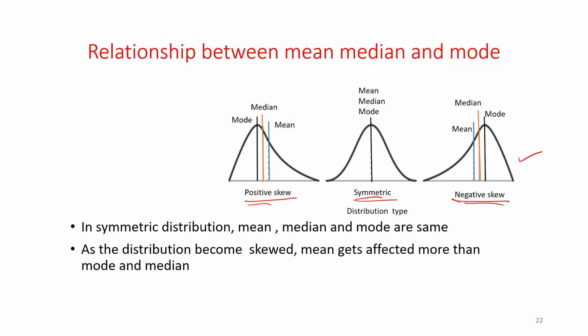Whatever the mean value is, the same will be the median value, and the same will be the mode. Mode, what is mode? Mode is the value with highest frequency. We have not really discussed what mode is, but mode means the value with highest frequency.